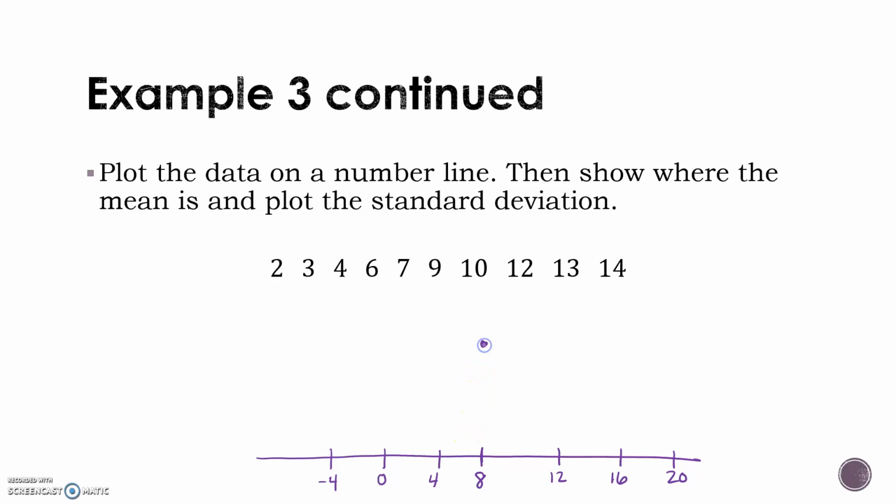I'm going to start it up here. And then I've got this number line and I'm going to put my standard deviation of 4.53, so it's just a little bit past 12. And it's going to go like this. And I am making those different levels on purpose. And then I'm going to go just a little bit more, because what happens with standard deviation is when we look at the data, it's going to make a bell curve.